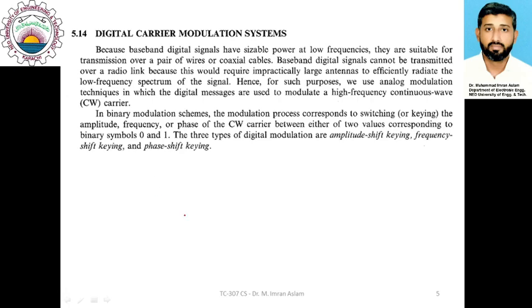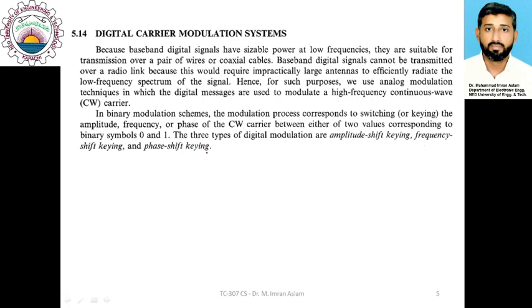So there are three basic types of digital modulation schemes, which are amplitude shift keying, frequency shift keying, and phase shift keying. As the name indicates, each scheme represents which parameter of the carrier is changed to represent the digital information.